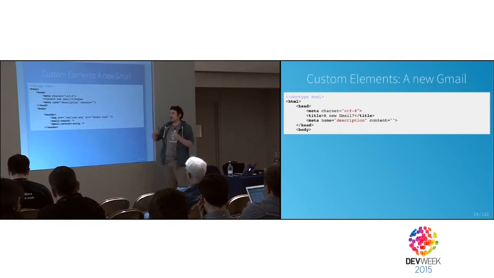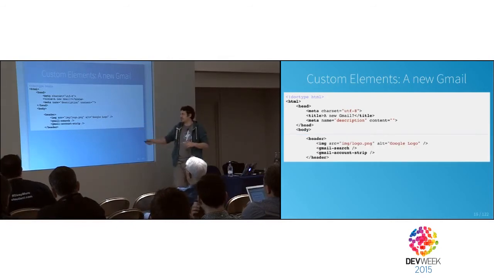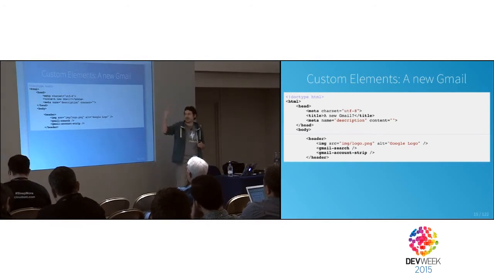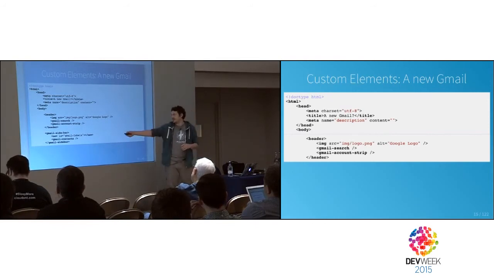So this is the new Gmail, say, and we've got a header, so we've got a bit of structure. Within the header, we've got a Gmail search element. So that's the search functionality. We've got an account strip, so the bit that lets you switch accounts and so on. We've got a sidebar, so the bit at the side that shows all the labels. In there, there's a nav, which is Gmail labels.